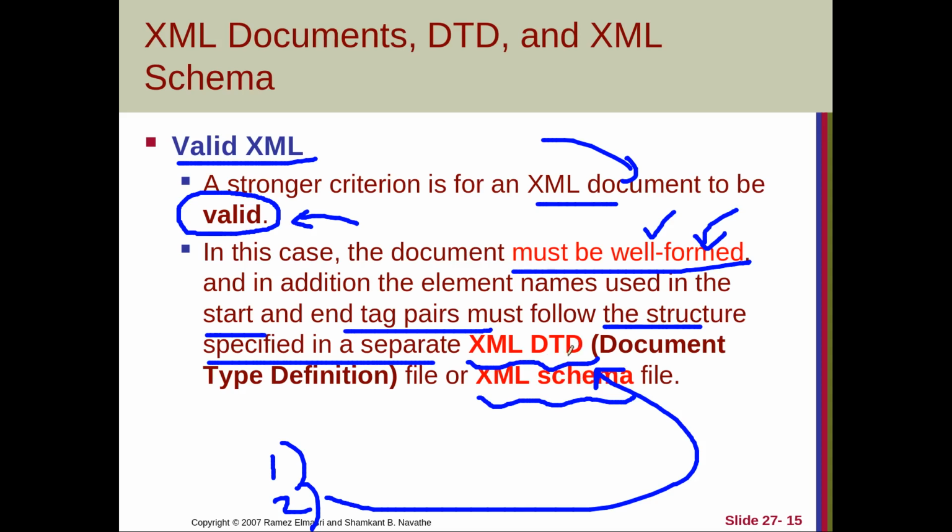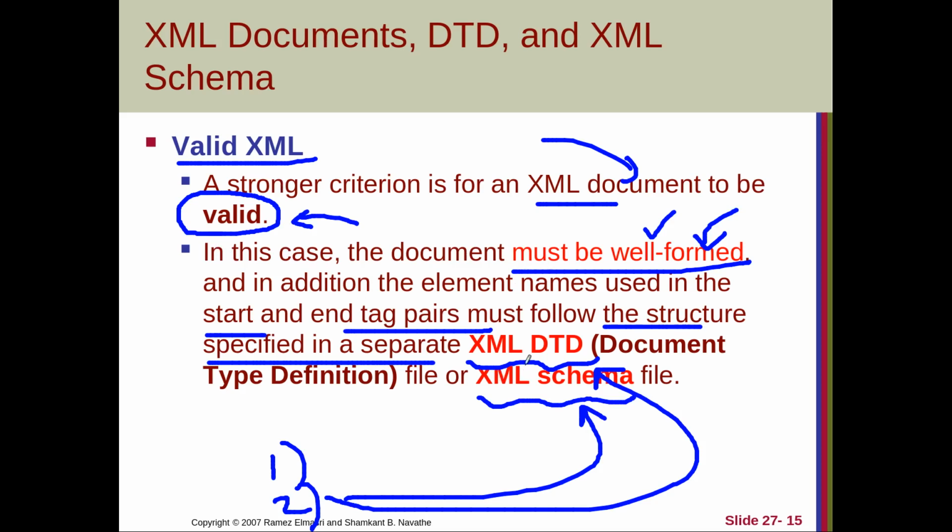So XML DTD is one of the methods used for forming a valid XML document. And the second one is an XML schema, which is again a separate document that is used for making an XML document into a valid XML document.